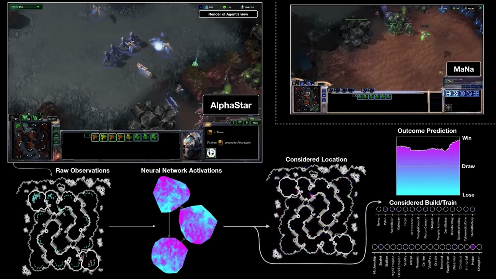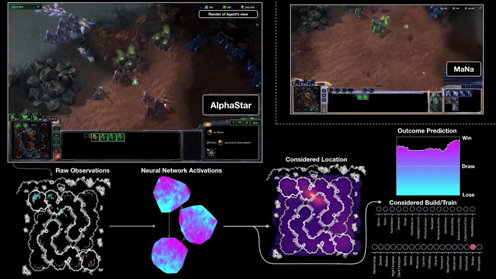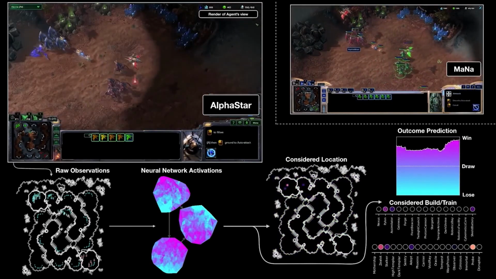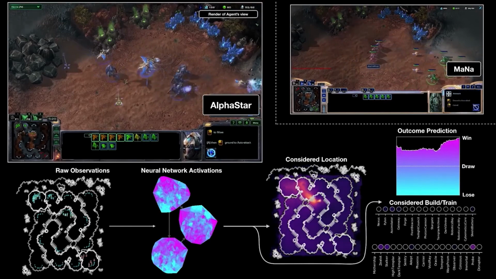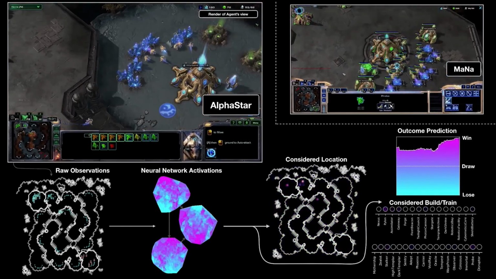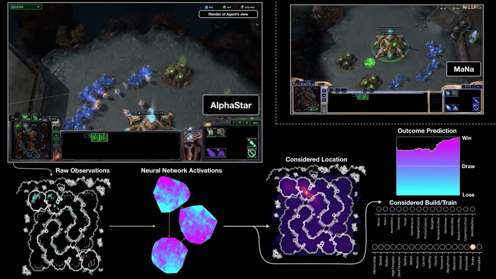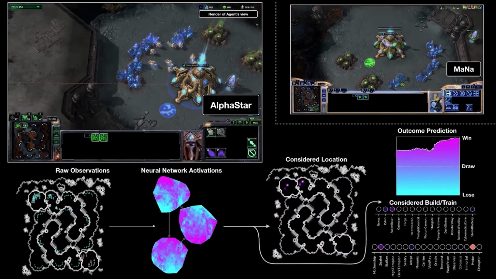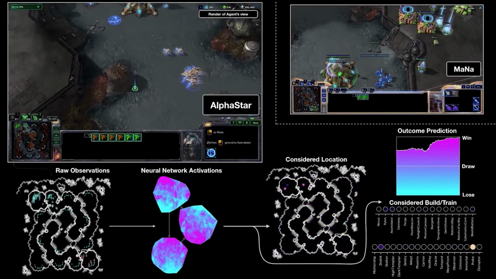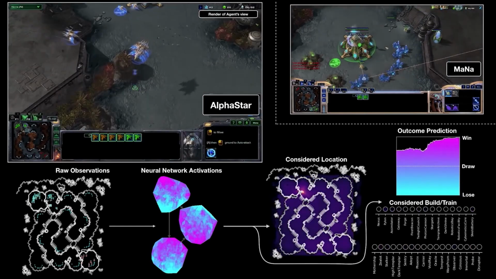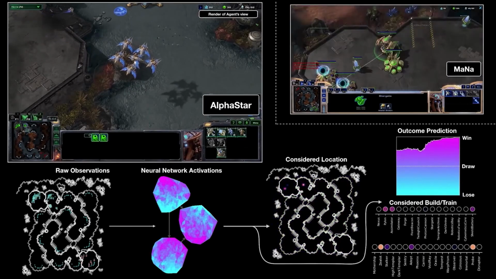To not make this completely unfair, the computer is only allowed a certain number of observations per second and a certain number of moves that it can take per second. So what happens here is that the computer is currently playing against a world-class champion, Mana, who's competing here, and you can see the different parts.